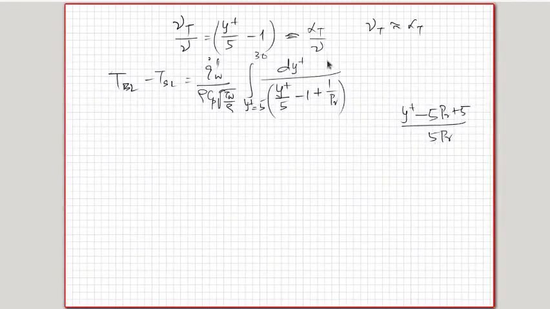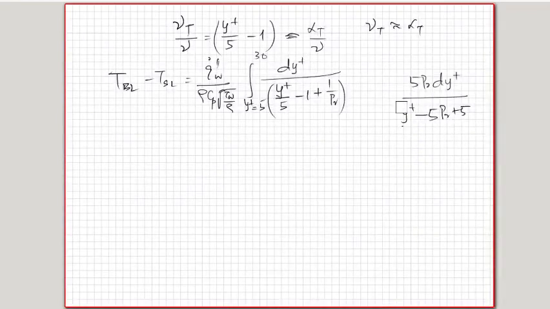Okay, so this 5 PR going to the top will actually make this 5 PR dy plus divided by this whole thing.